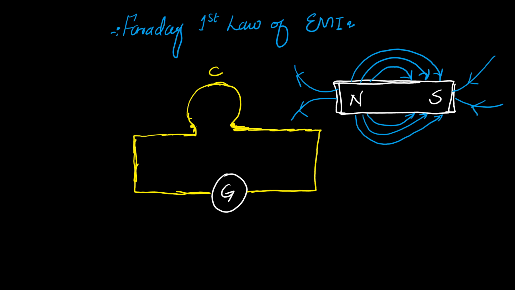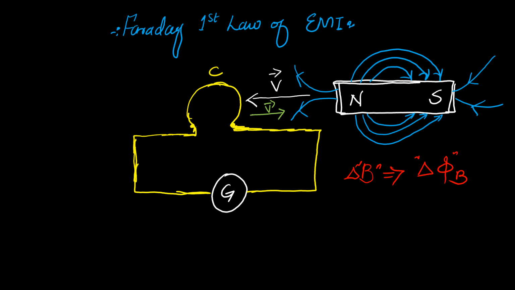So now, whenever this magnet comes close to the conducting coil with a certain velocity v, or whenever this magnet goes away from this conducting coil with a certain velocity v, then there will be a change in magnetic field lines, and this change in magnetic field lines will cause a change in magnetic flux.